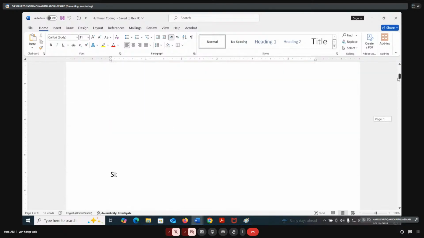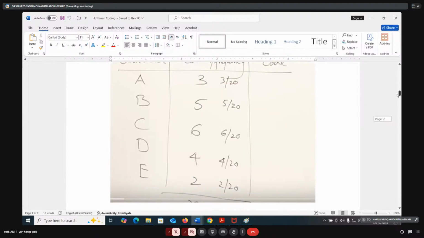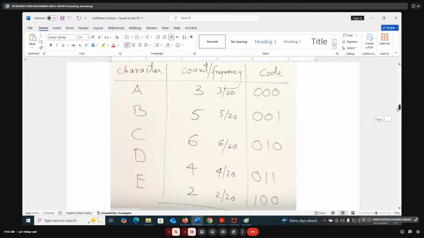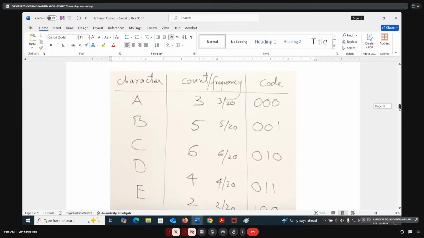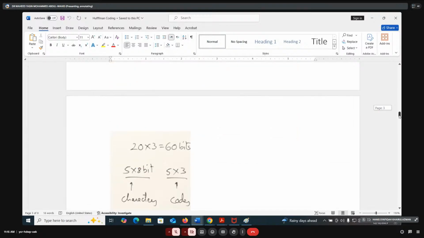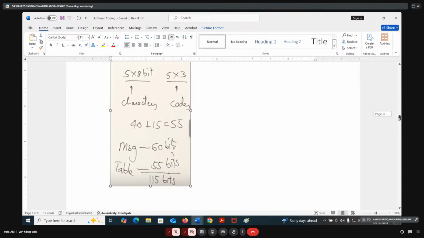Because here we minimize the letters to 5 characters. The message has 20 characters multiplied by 3, which is 60.